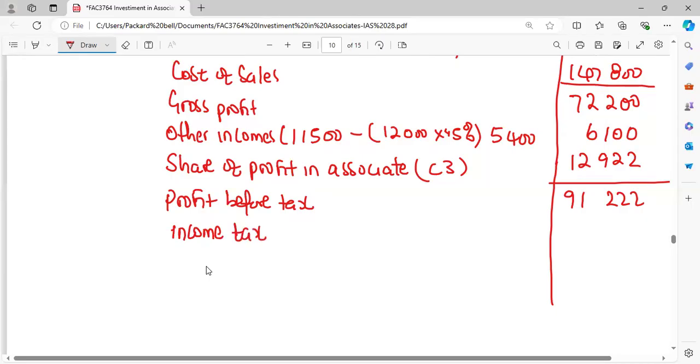If the investor is the one who would have made a profit and you have adjusted the tax, then it means here you should adjust tax under this line item. But in our question, it is the associate who made the profit. So there is no need for you to adjust the tax line item.